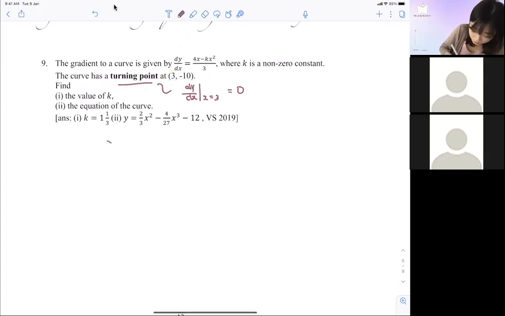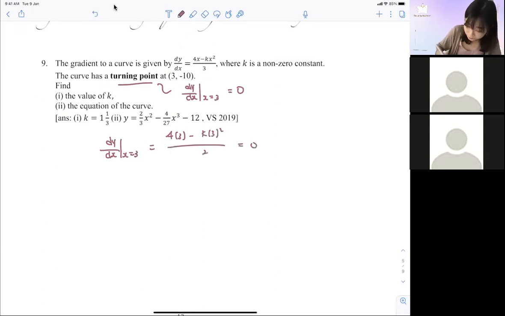So all we need to do is we sub in x equals to 3, equals to 0. Okay. All right. That's it. That's for part 1.